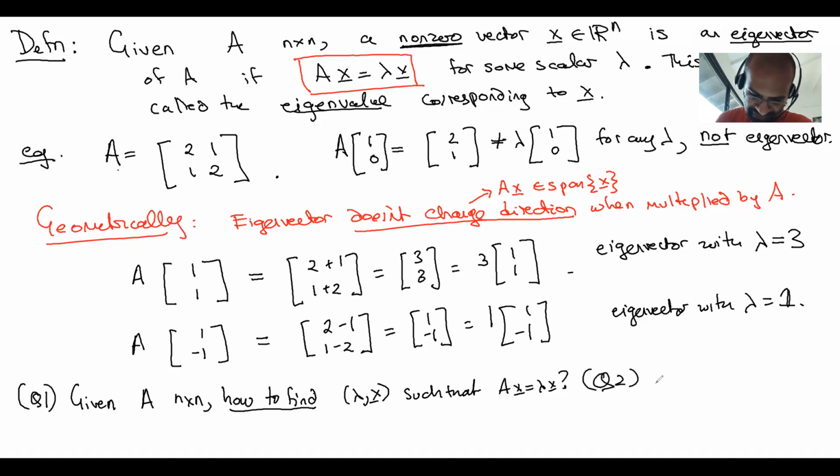And the second question is, how many solutions are there, right? So given a matrix A, how many solutions lambda, x are there? These are both very interesting questions that we're going to spend the rest of the lecture on. How do you find eigenvalues and eigenvectors, and how many solutions should you expect to have? Okay, any other questions?